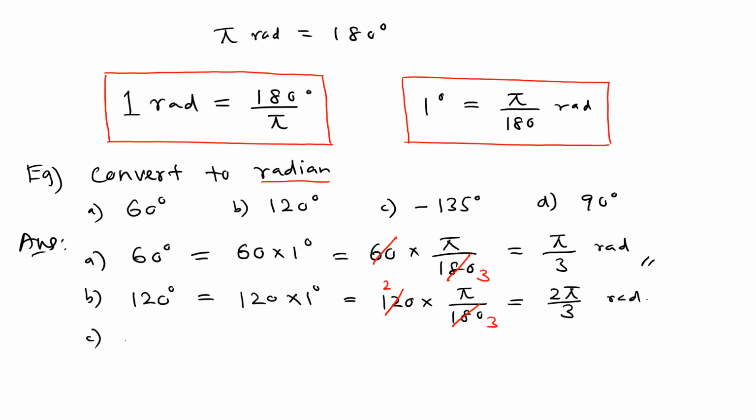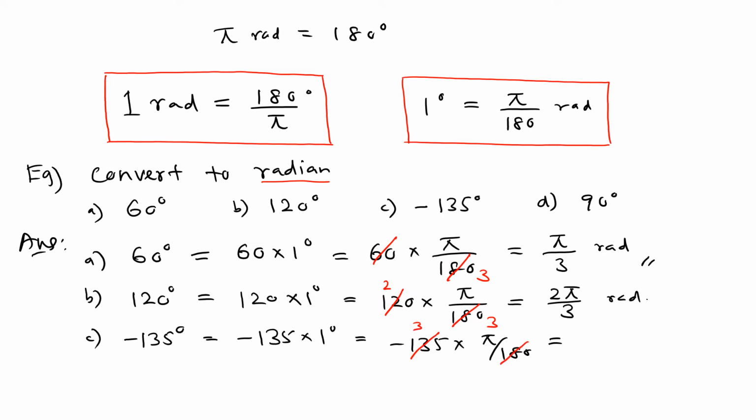Part C, negative 135. Negative is just a number, so it's negative 135 times 1 degree, and then negative 135 times pi over 180. So how to simplify this one? If you think of factors, you can see that there are 3 45s here.